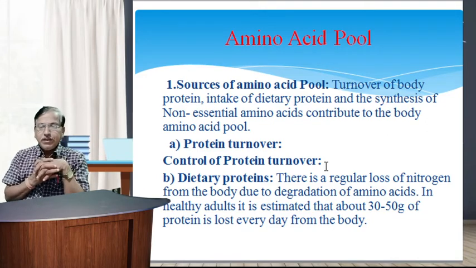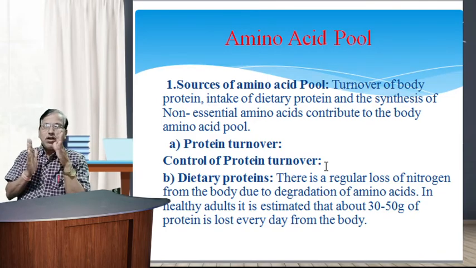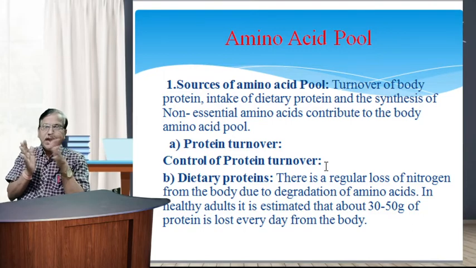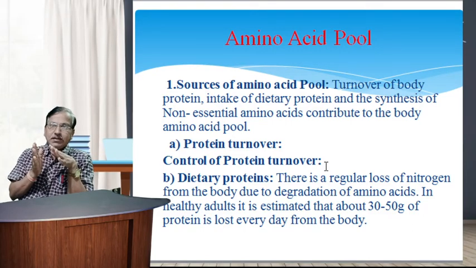Next is B, dietary proteins. There is a regular loss of nitrogen from the body due to degradation of amino acids. In healthy adults, it is estimated that about 30 to 50 gram of protein is lost every day from the body.